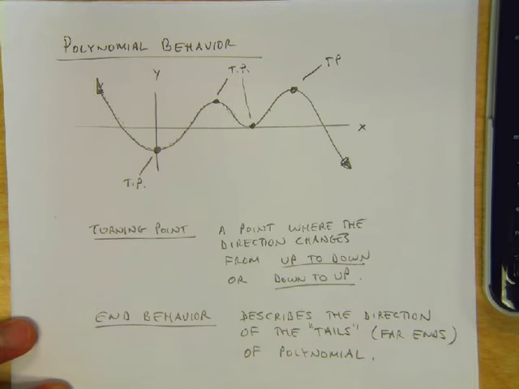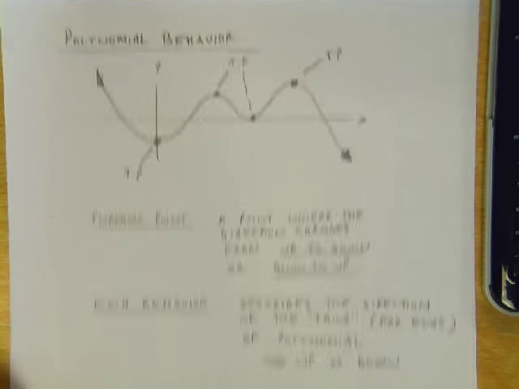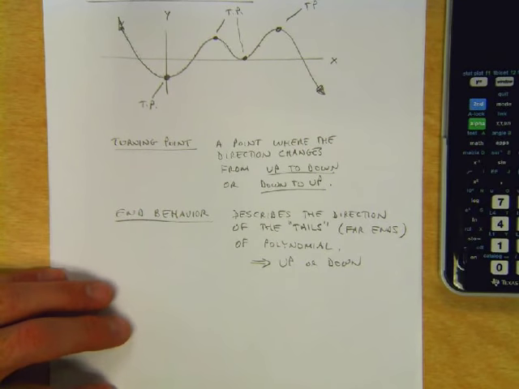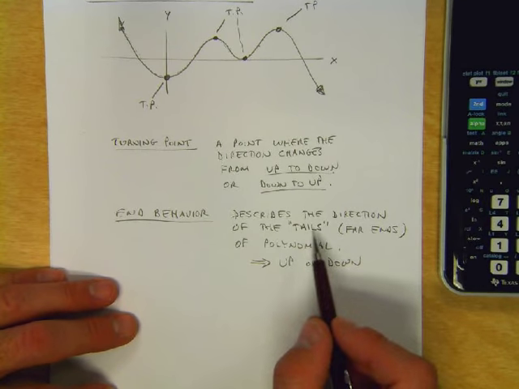And what we're interested in knowing is the end behavior, up or down. Describes the direction of the tails, which is the far ends of the polynomial. They're either up or down.